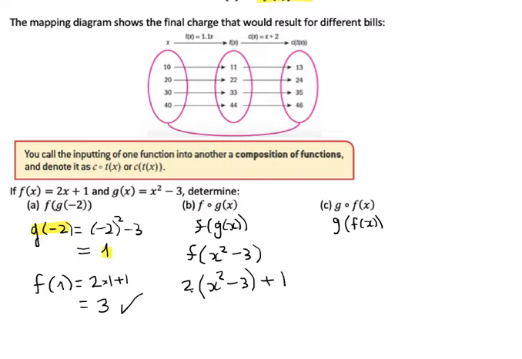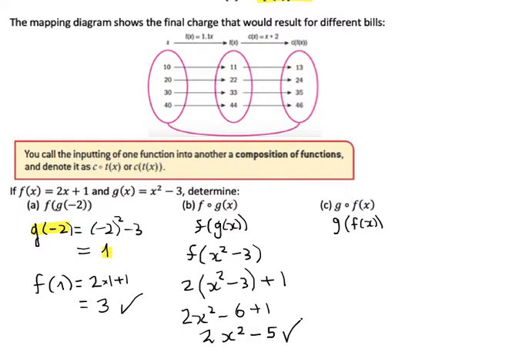And now we just simplify a little bit, okay? So this is going to be 2x squared minus 6 plus 1, 2x squared minus 5. So you're not finding an actual result here, but this is an expression that will get you from an input of x right away to the composite function.